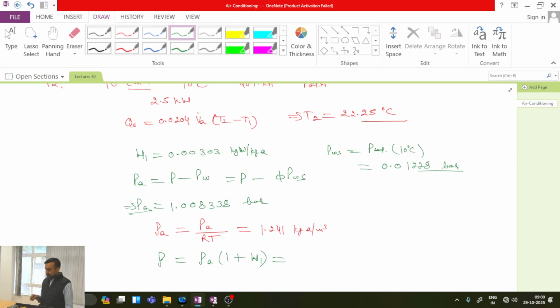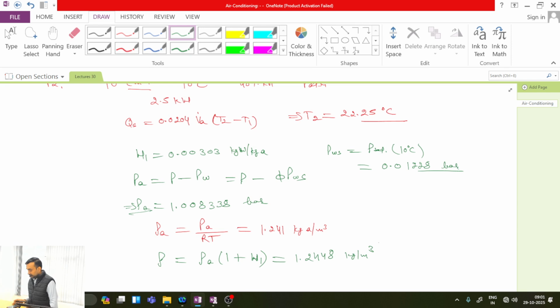So how much will be this equivalent density of moist air then? 1.2448.